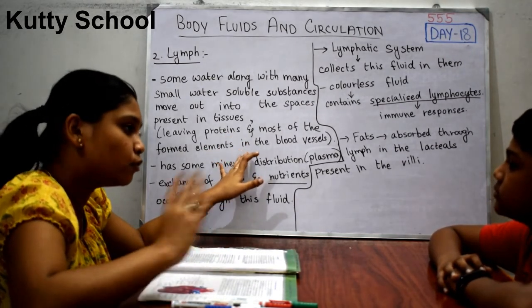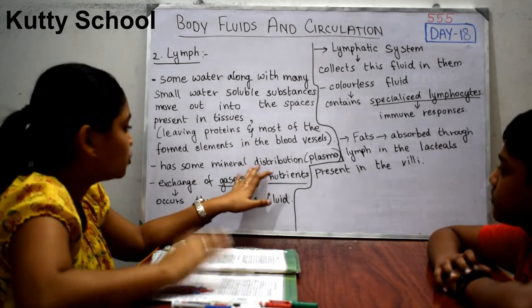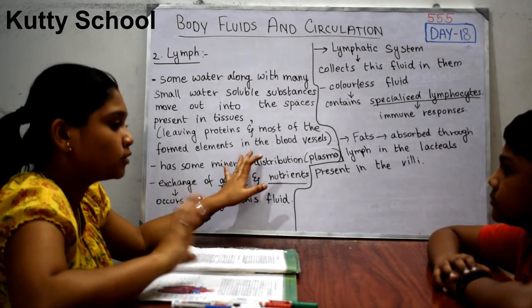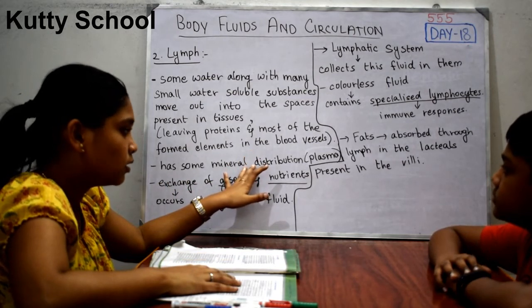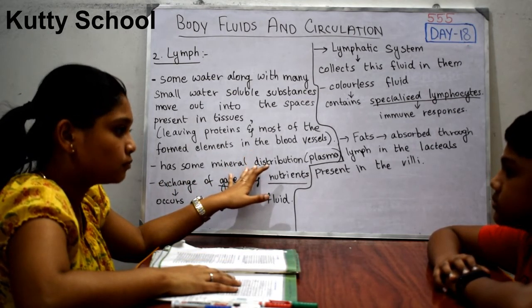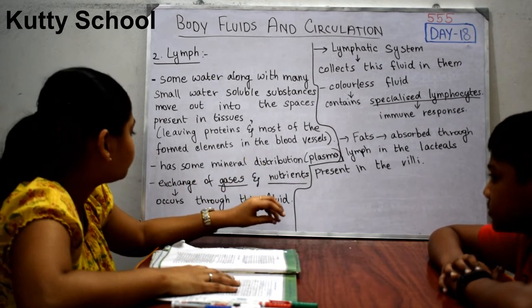So these are mainly water and some water soluble substances. So these have a mineral distribution which is the same as in the plasma.